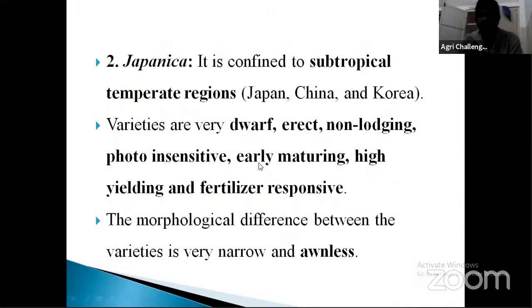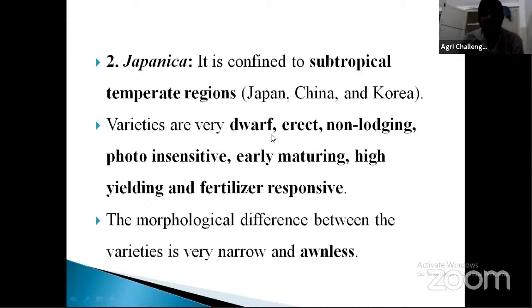Next one is Japonica. It is confined to subtropical temperate regions like Japan, China, and Korea. These Japonica varieties are dwarf, erect, non-lodging, photoinsensitive, early maturing, high yielding, and fertilizer responsive. You have to remember this.